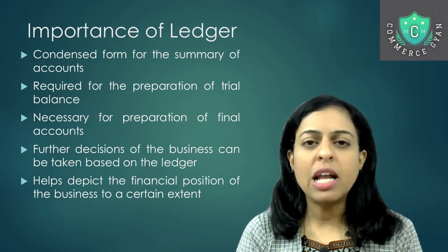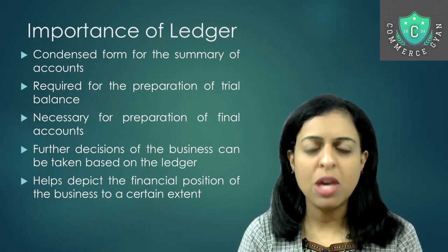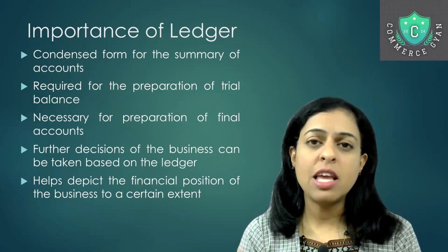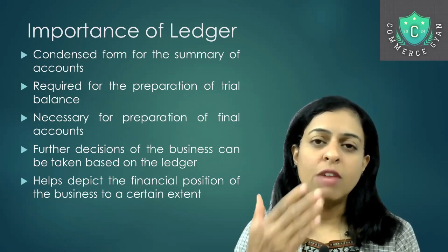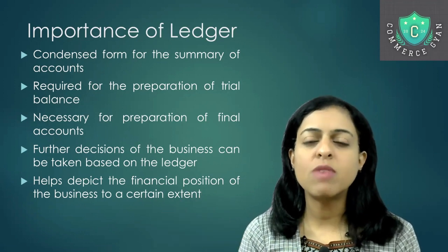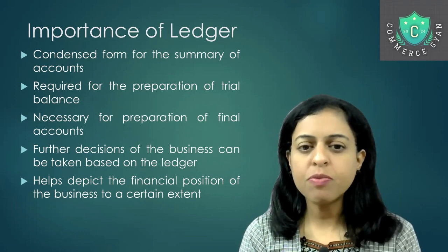The decision could be that I have to increase my marketing because my sales figure has dropped in the month of May, or I am doing good and I can increase the sales further in the month of June if they have risen from the month of April to the month of May. So in this way, you can take some decisions connected with the business based on the ledgers that you have.